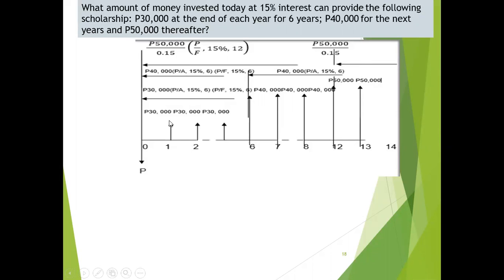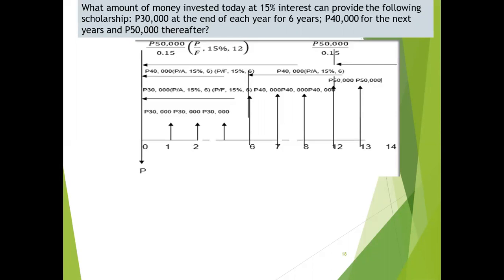So here, you want to receive 30,000 each year for 6 years, then 40,000 each year for the next 6 years, and 50,000 each year thereafter.